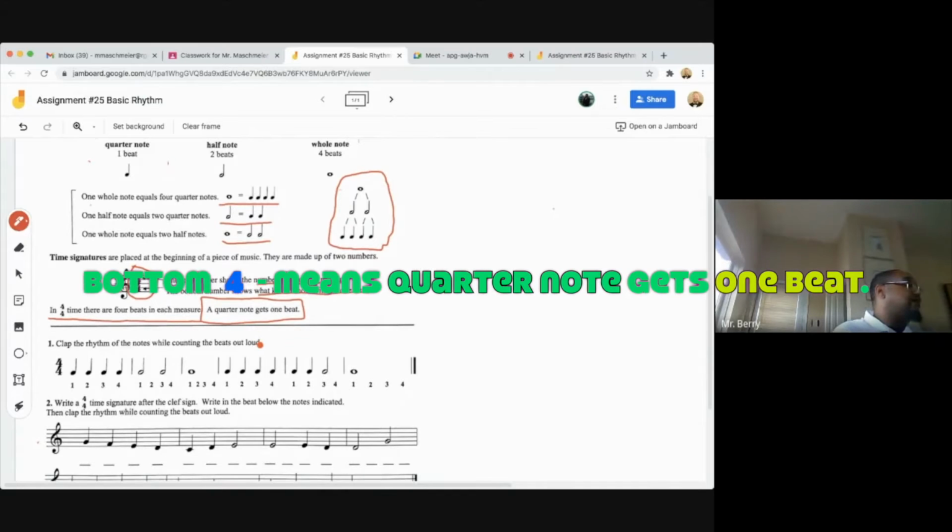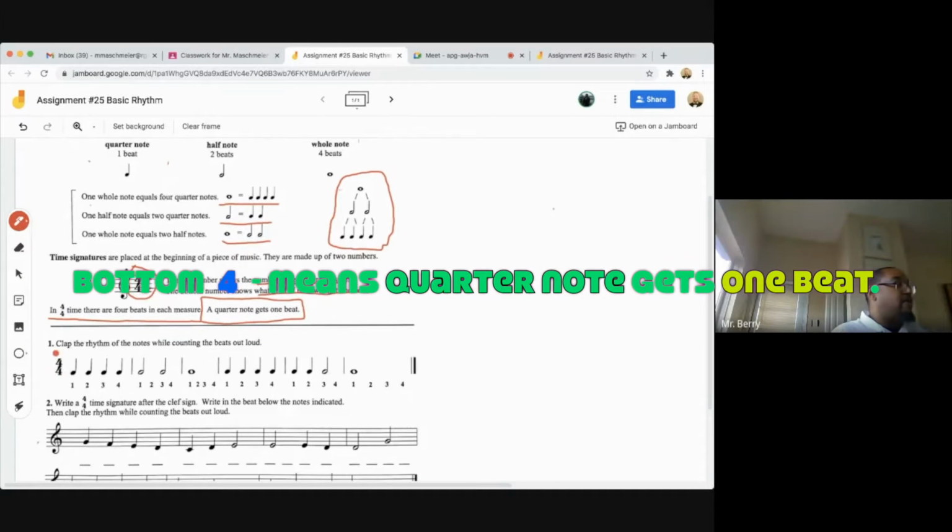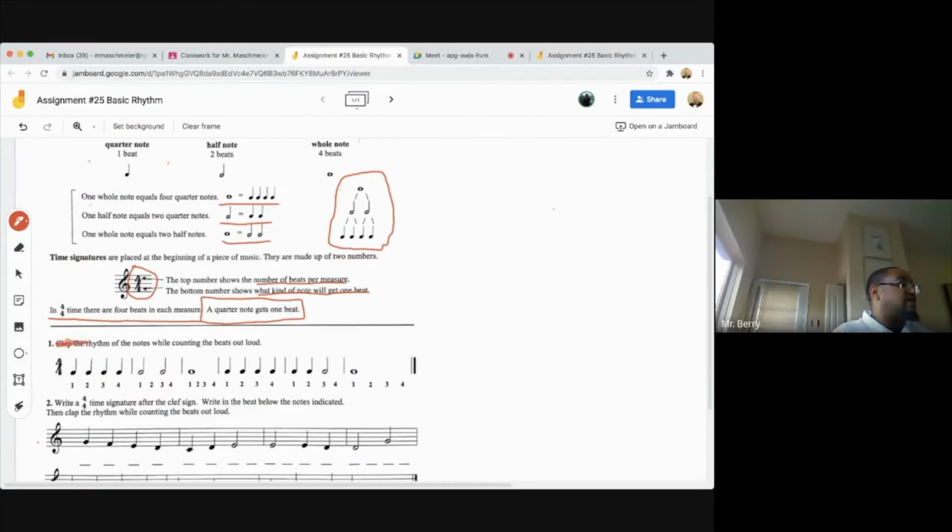Okay, so now let's look at number 1. We're not going to follow the instructions that are here, but let's talk about measures and make sure that we have a full understanding of what a measure is. So at the start of every musical line, you'll have what's known as a bar line.